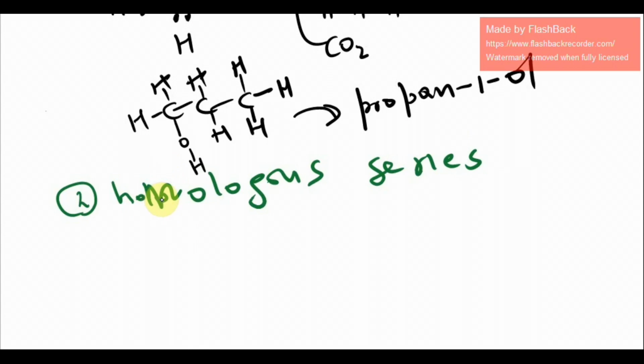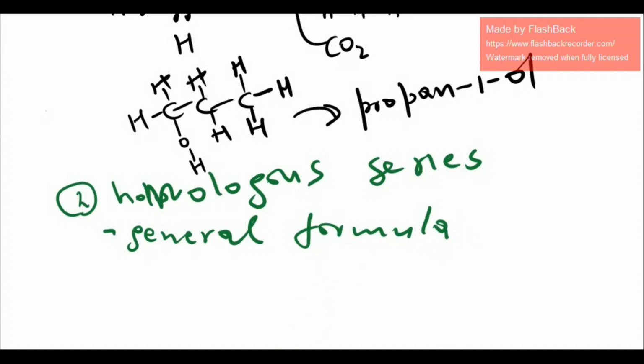Homologous series is a series of organic molecules that can be described by the same general formula, or of which each member differs from the other by a CH2 group.